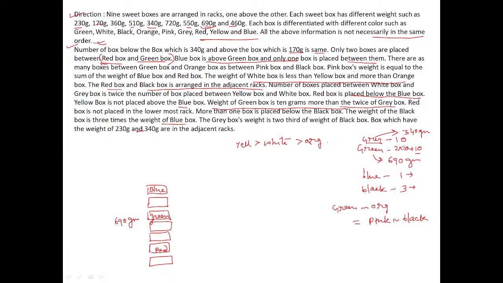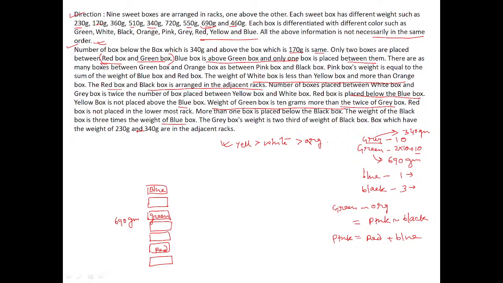Pink box weight is equal to the sum of the blue and red. The weight of the white box is less than yellow and more than orange box. This we have already written down here. Red box and black box are arranged in adjacent racks, right? So black is either here or here.